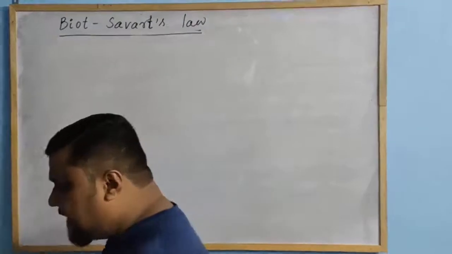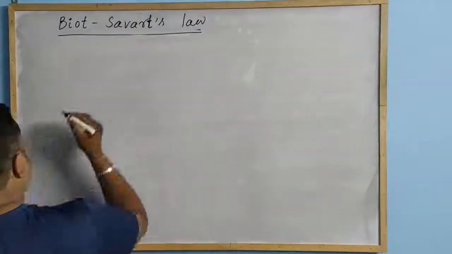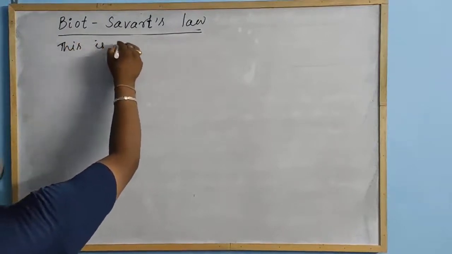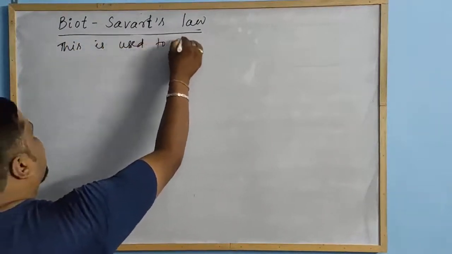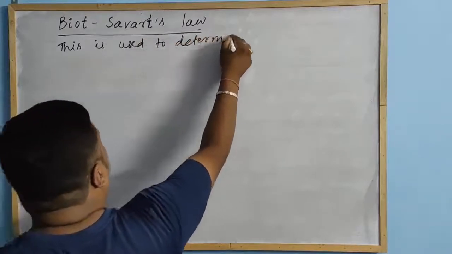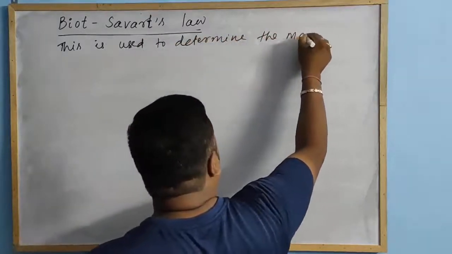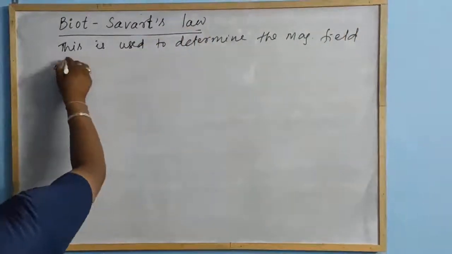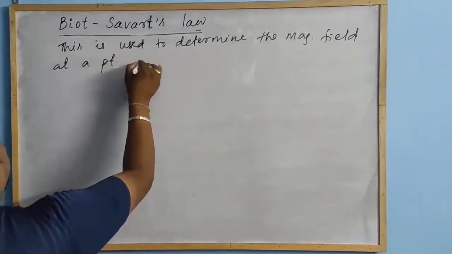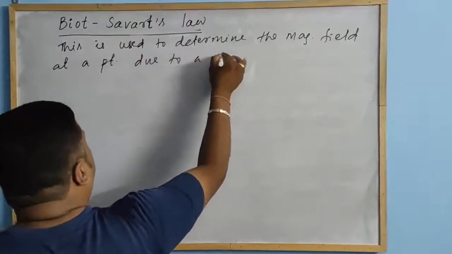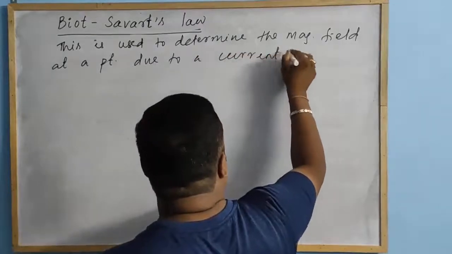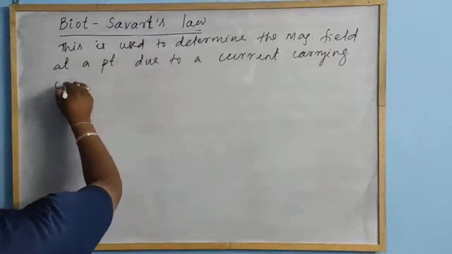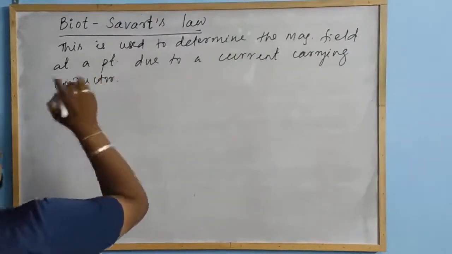So, we can say that this Biot-Savart's law is used to determine the magnetic field, or strength of the magnetic field, at a point due to a current carrying conductor. Clear?